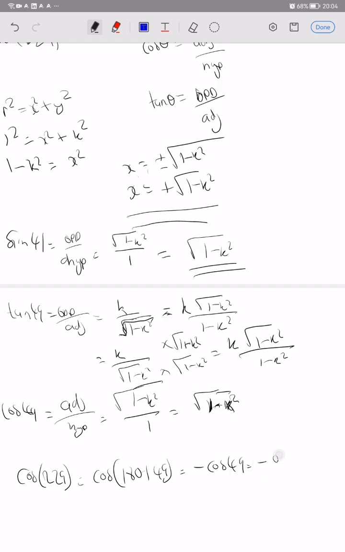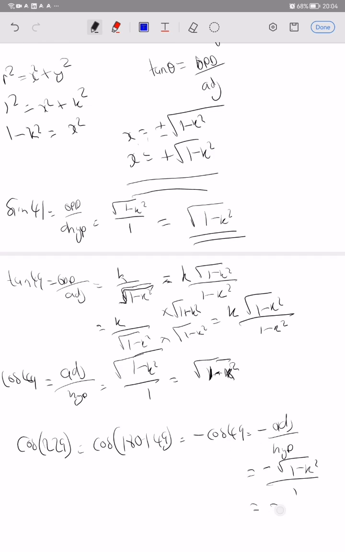Cos is just adjacent over hypotenuse. What is my adjacent? The square root of 1 minus k squared over 1, which is negative. So I get negative square root of 1 minus k squared over 1.